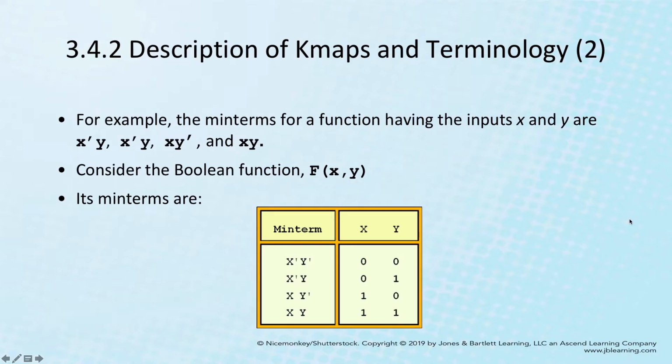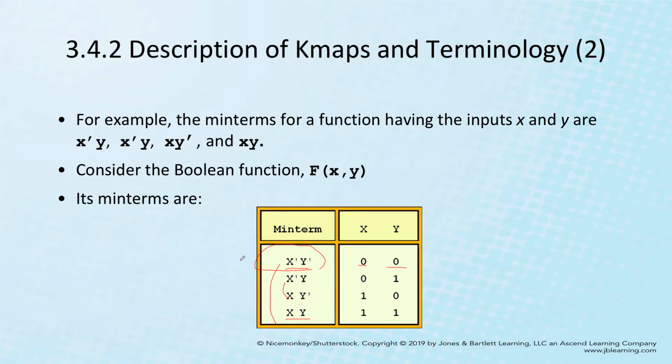So here is the representation of that. With two Boolean variables, we have four minterms: all complemented, one of the two complemented, and none complemented. This minterm represents when x is 0 and y is 0, it becomes a 1 or true, and so on.